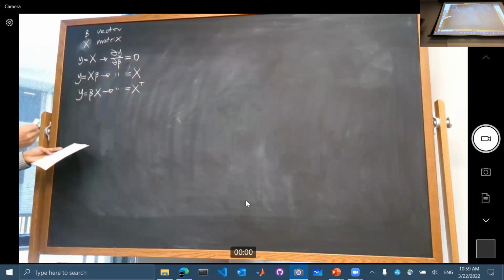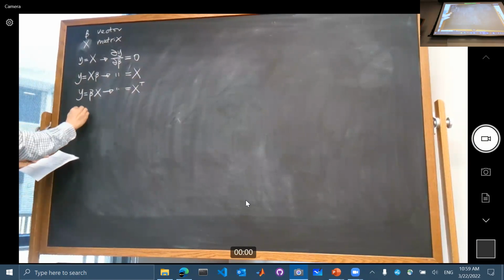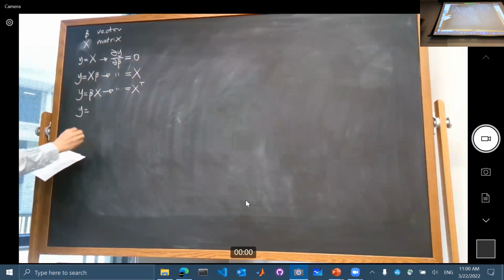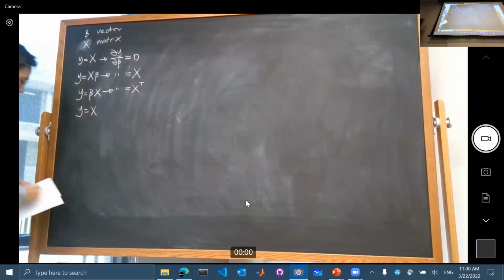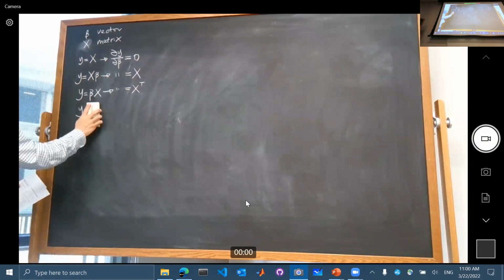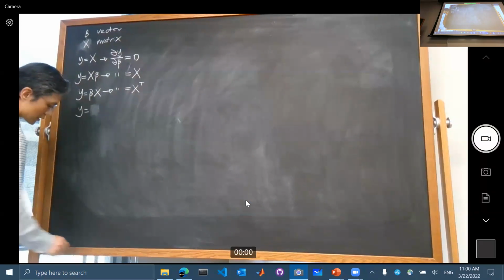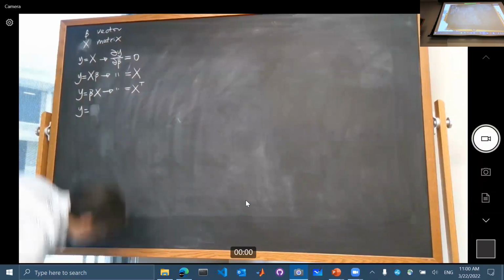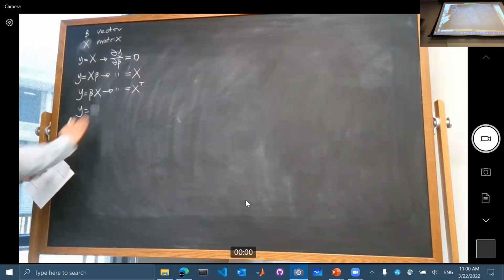These are just some rules I'm not going to illustrate further. But we are going to use this simple relationship in the derivation of the normal function.